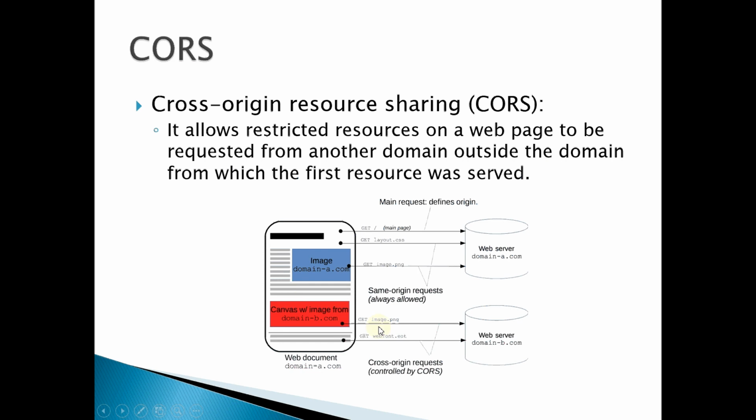When it requests resources from domain B, that is called a cross-origin request. In this case, CORS will handle whether it will provide the result to our application or not. So for a REST API, we have to define the CORS for the users who are not hosted on our server. We have to provide them some way to get information.